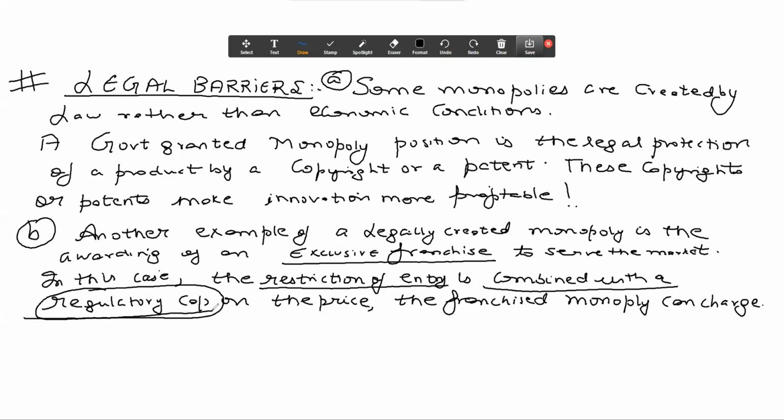Okay, so now moving forward, let's talk about profit maximization under monopoly.